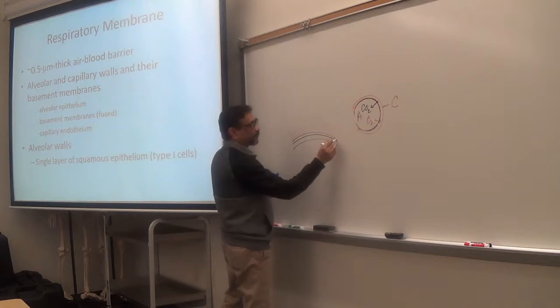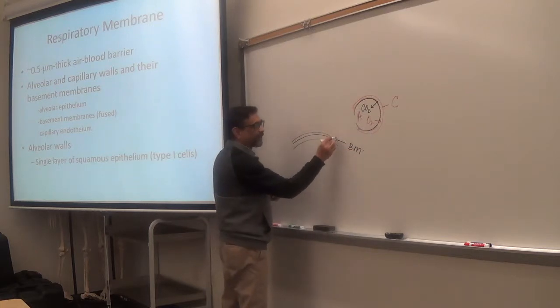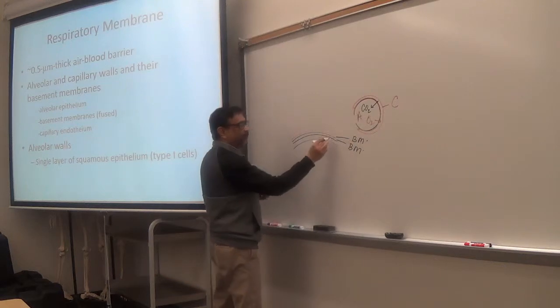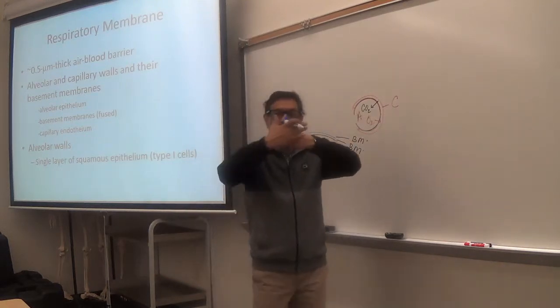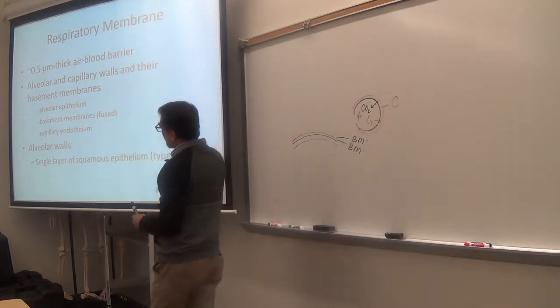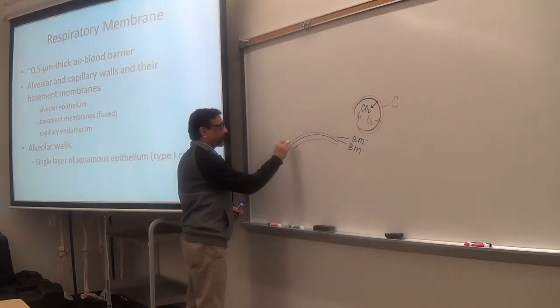You see here, both have two layers. The red is the capillary? Red is the capillary, yes. So this is the basement membrane of alveolar wall, and this is the basement membrane of capillary wall. So both have basement membranes, and they are attached to each other like this. That's why we say fused basement membrane, this part.